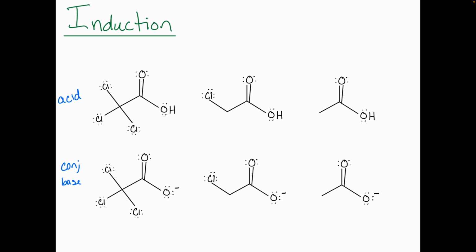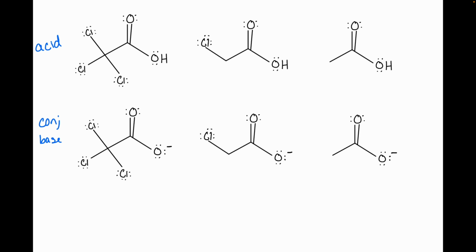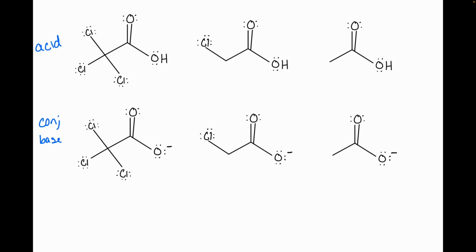Okay, so if I look carefully at my conjugate bases, we can just convince ourselves that we're tied for all the other parts of our FARIO acronym, right? They all got the same formal charge. They're all on the same atom. They actually also all have resonance. I can draw 2 resonance contributors for each of these here. So the only difference is the presence of those chlorines, but they're located kind of far away from that negative charge.